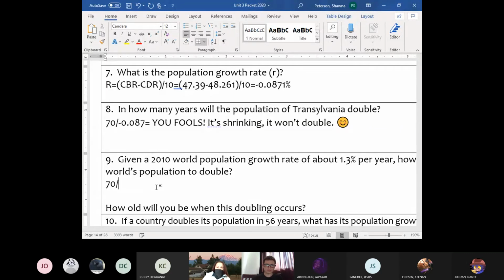What was our growth rate? No, negative 0.087 was for number 9. The growth rate is 1.3% per year. Where'd that come from? Right here.